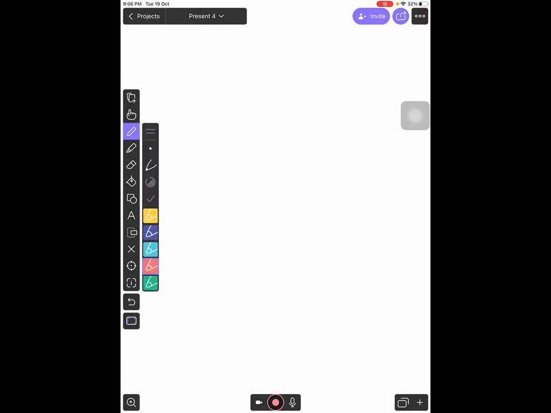Let's draw the graph. We have the graph like this in yesterday's class. This is the most common graph of this chapter that I'm going to show you over here.